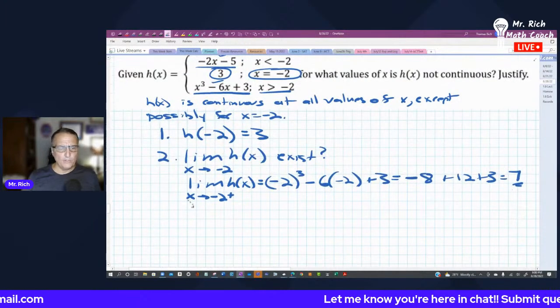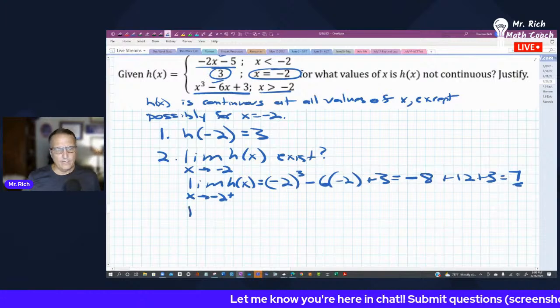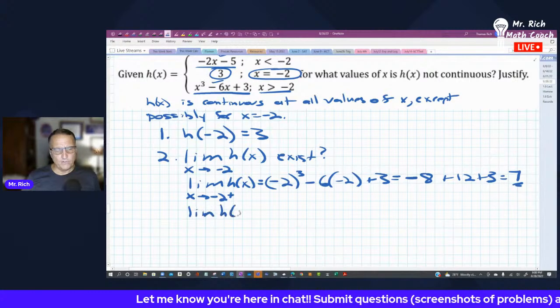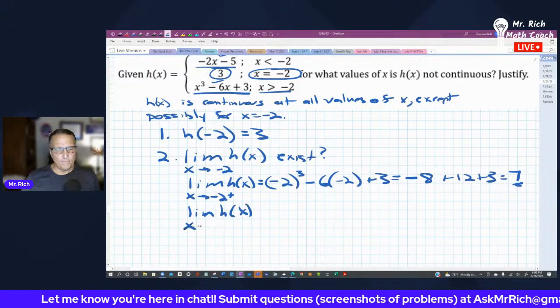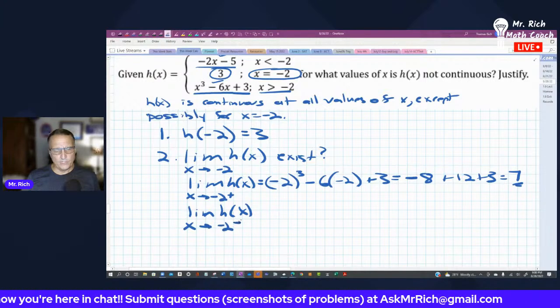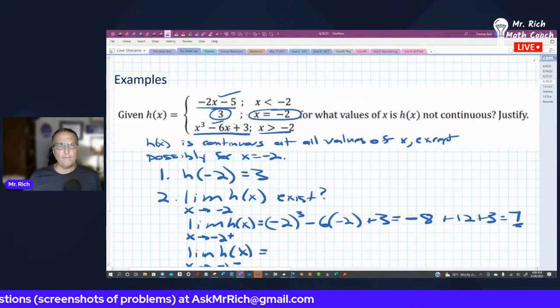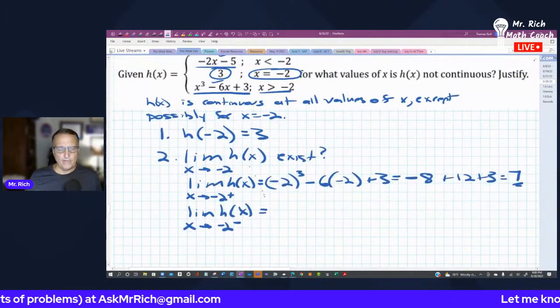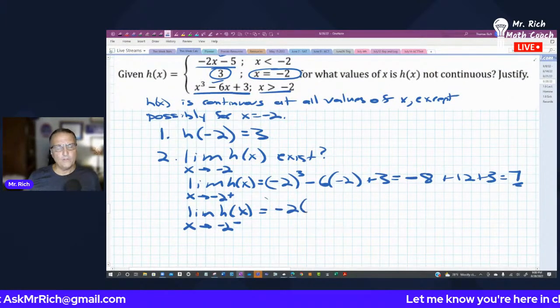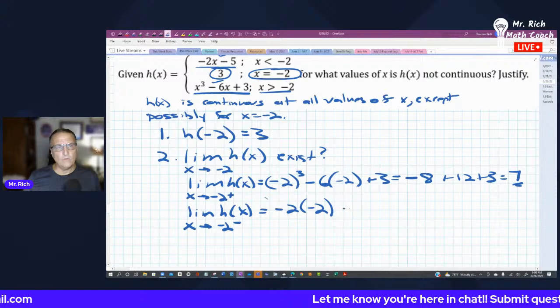I'm now going to evaluate the left-hand limit at -2. So the limit of my function as x approaches -2 from the left, I'll be evaluating -2x minus 5. So -2 times -2 minus 5.